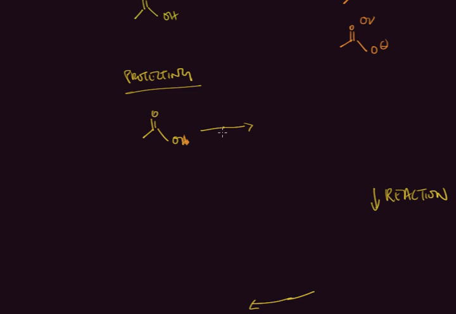So the protecting group is going to be TBDMS-Cl. That's the protecting group. And then it's going to come off looking like, actually no, it's going to come off looking like this, where you have the TBDMS on there.